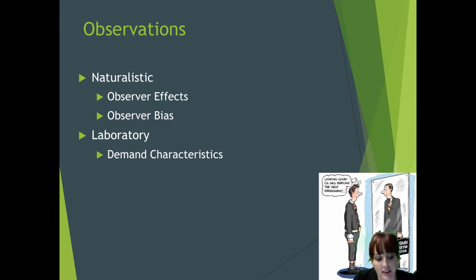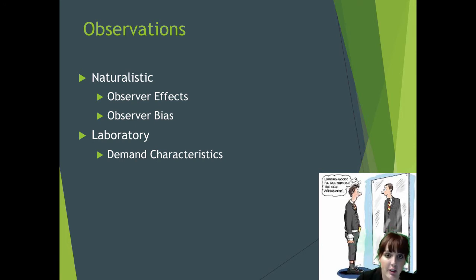So, for this reason, in order to avoid demand characteristics, you often might want to manipulate behavior or look at behavior that can't easily be demanded, that people can't easily try and change their behaviors to. So something that's out of voluntary control of the participant.